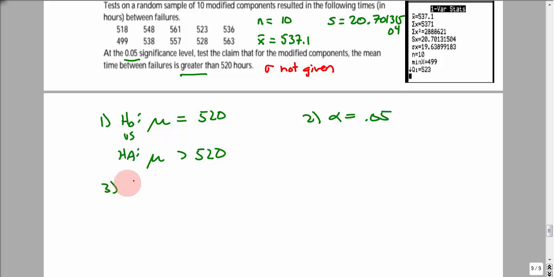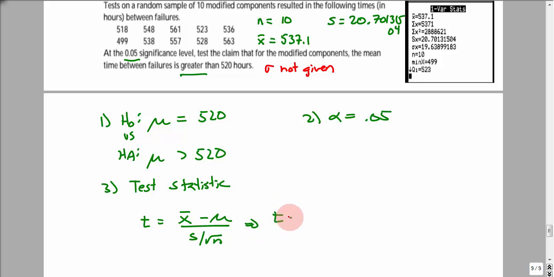Next step is to go ahead and calculate the test statistic. Now, just as we were talking about above, with the test statistic, I'm going to be using the t distribution. So I have x bar minus mu over s over the square root of n. X bar in this case was 537.1 minus the mean, 520, and then s is this value up here, 20.701311504 divided by the square root of my sample, which is 54.